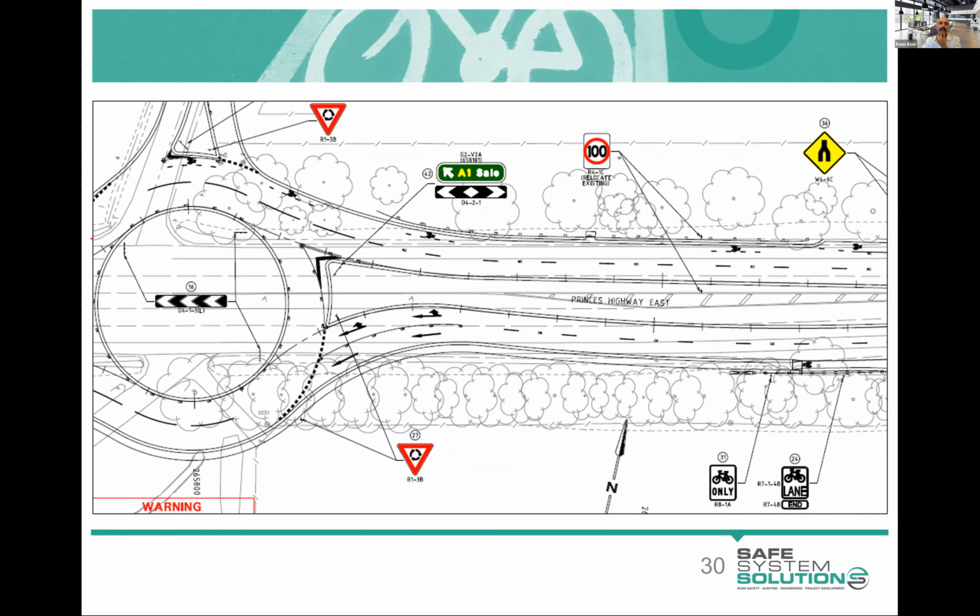This roundabout design is quite interesting to audit in the sense that, from a cyclist perspective, when you look at the design, we worked out what was going on, and it was that the shoulder then goes up into a separated cycle facility, and you can see it's bike only up there.